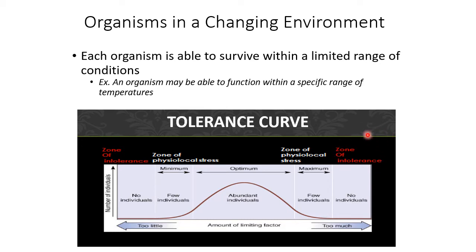And then you have the zone of intolerance where no individuals can live. A great example of this is if you look at a mountain. You can see parts where the trees start to thin out. That's the zone of physiological stress. And then where there are no trees at all, that's the zone of intolerance.